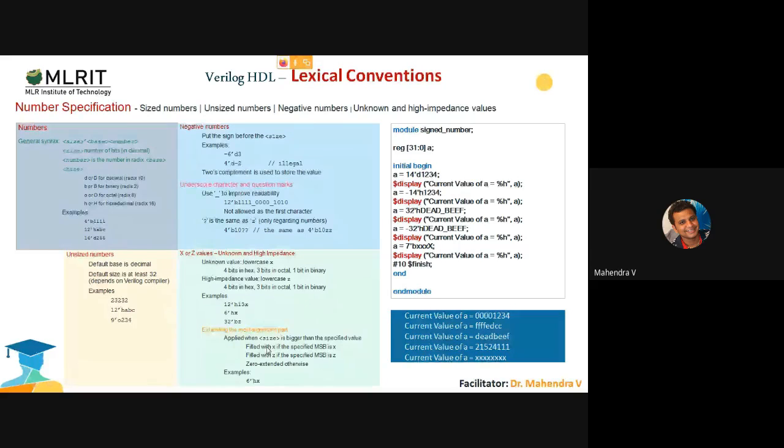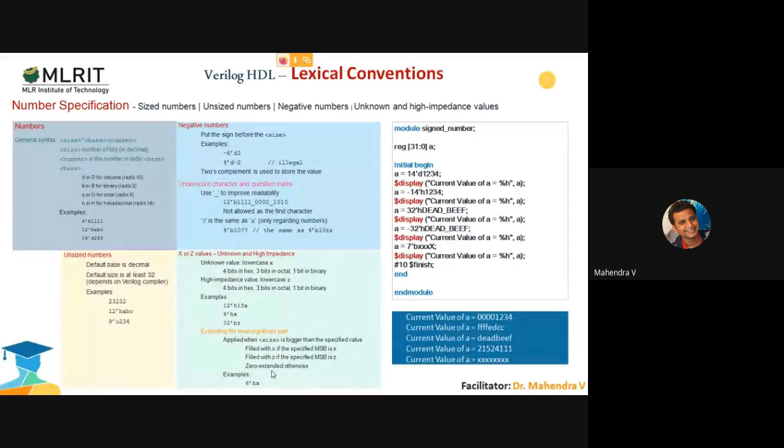There are some rules here. If the MSB is X, X will be filled. If it is Z, Z will be filled. Otherwise, 0 will be extended. But if the number is a signed negative number, then the MSB of that number will be extended. If it is signed, the MSB will be extended. If it is unsigned, 0 will be extended at the MSB places.